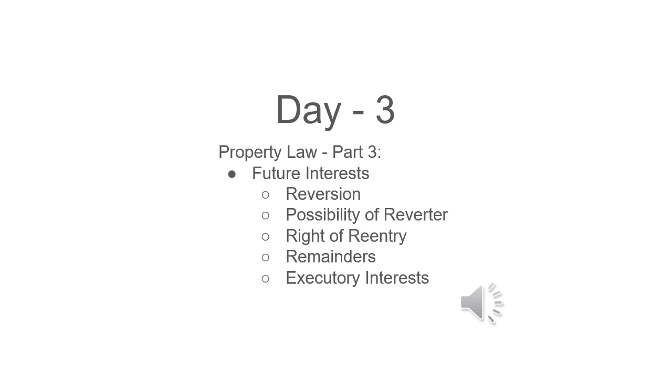Under vested subject to open, we apply the rule of convenience. This is where later born children do not count, but gestating children do. The class, which is the grantees, closes when any member of the class becomes vested.